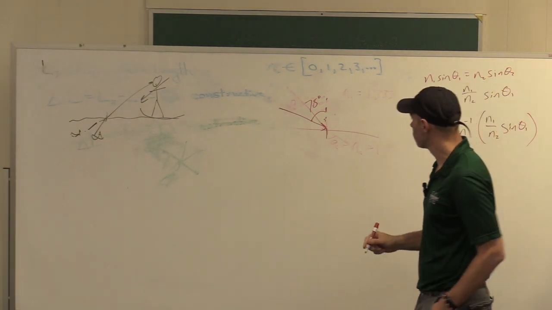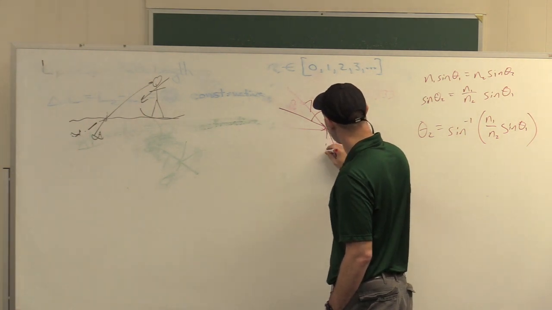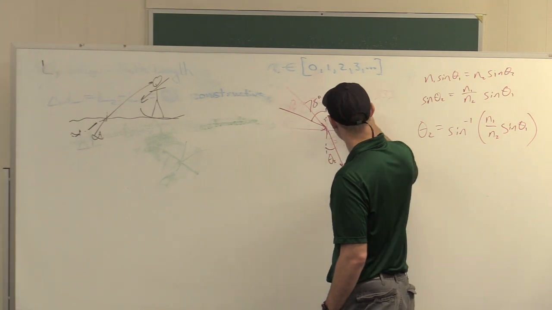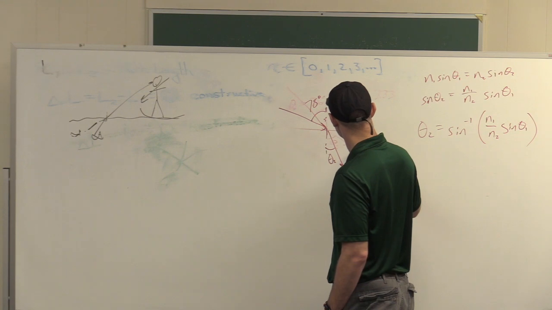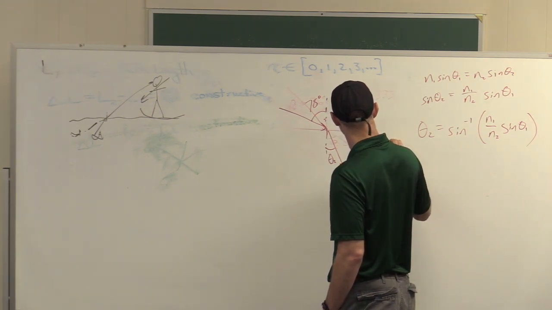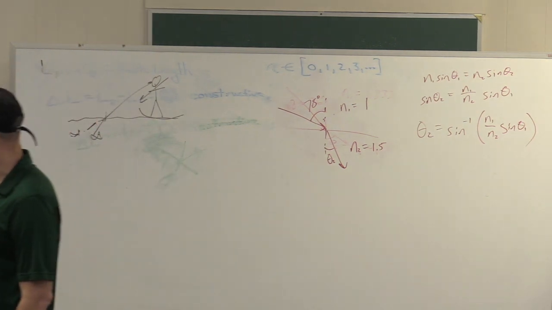Towards the normal. So it's going to be smaller than 78. We expect our answer to be smaller than 78 degrees. How much? I don't know. We're going to find that out. What's N1? What's N2? We should get the same answer this time because we're going to use the 1.5 that they're using.